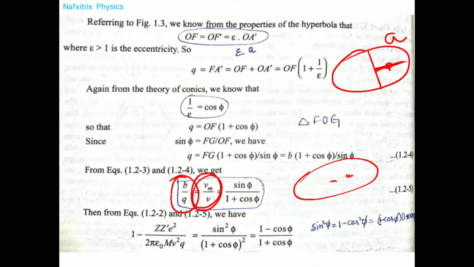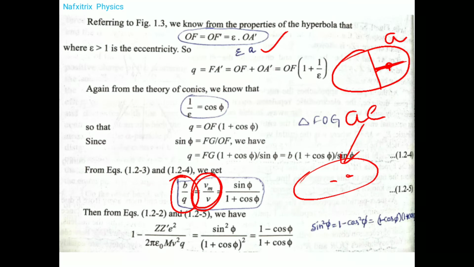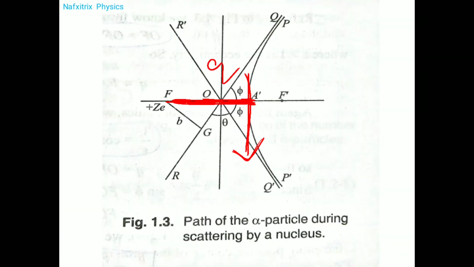Ellipse eccentricity is less than 1, so hence it is ae. A multiplied with a fraction is less than a, so we would have ae in the case of an ellipse, the distance from center to the foci. In the same manner here also, this is ae, of dash.